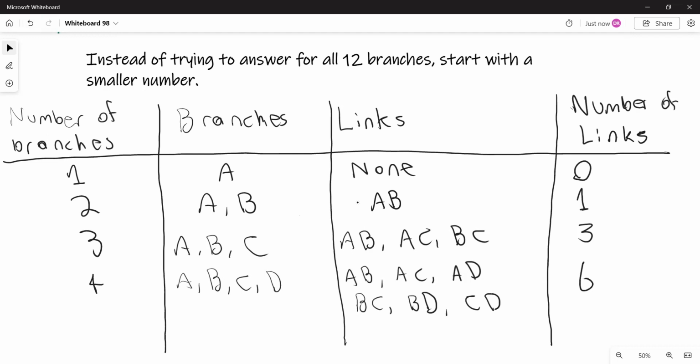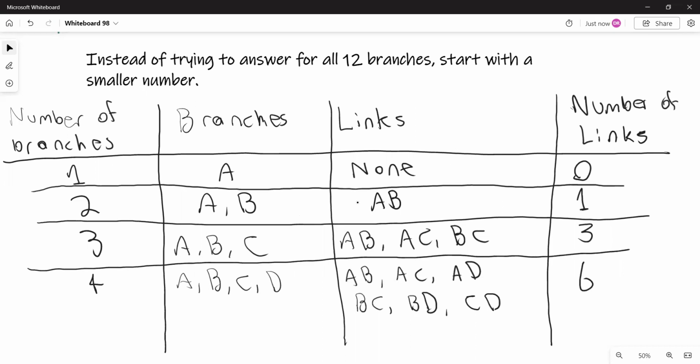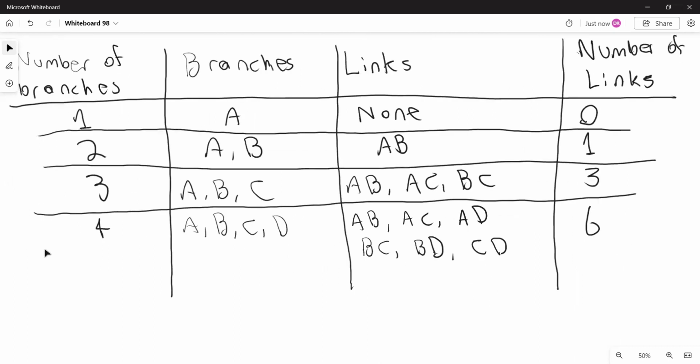Okay, let's separate this. So if the pattern still doesn't look clear, we are going to add one more. What happens if we have 5 branches? And how many links do we have?